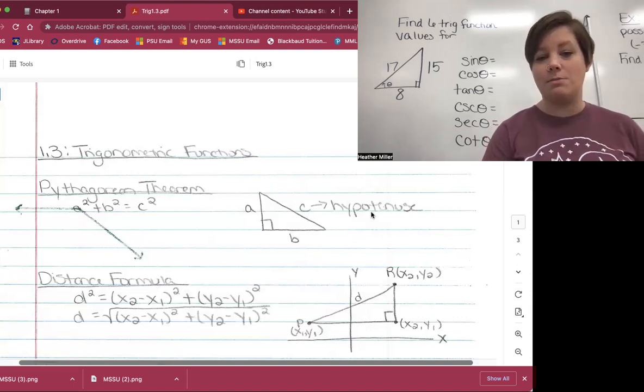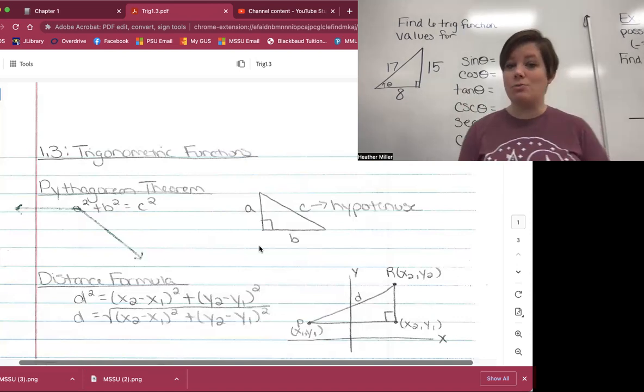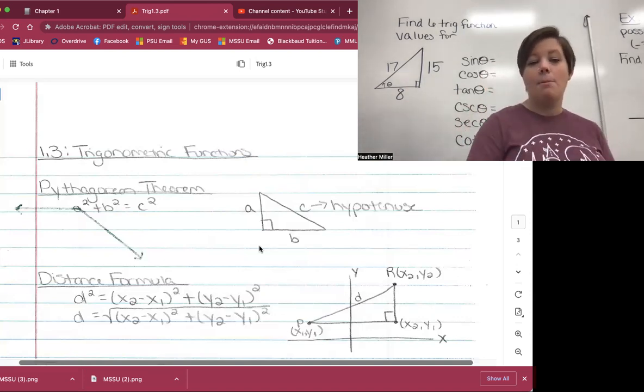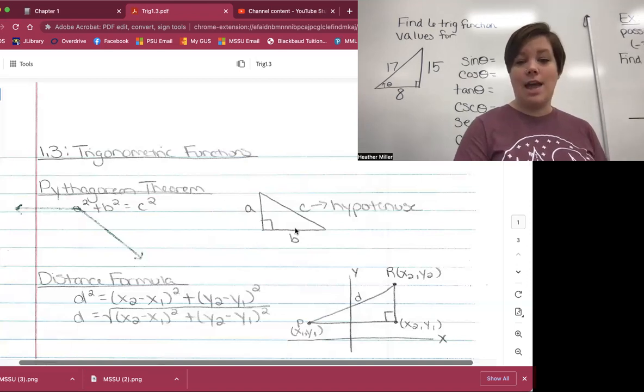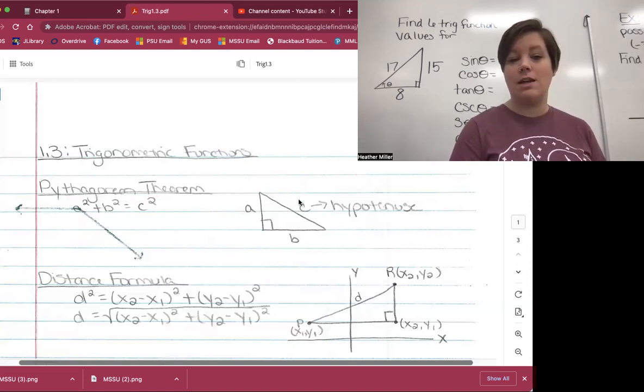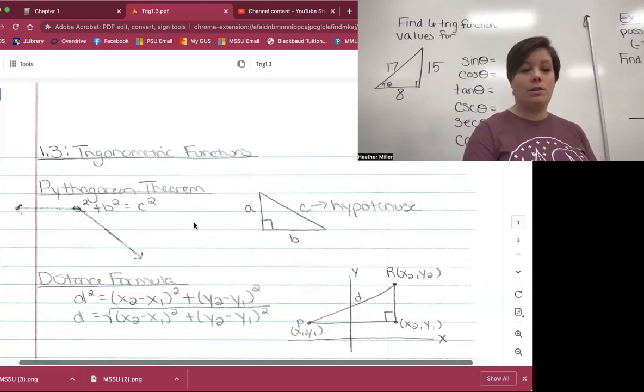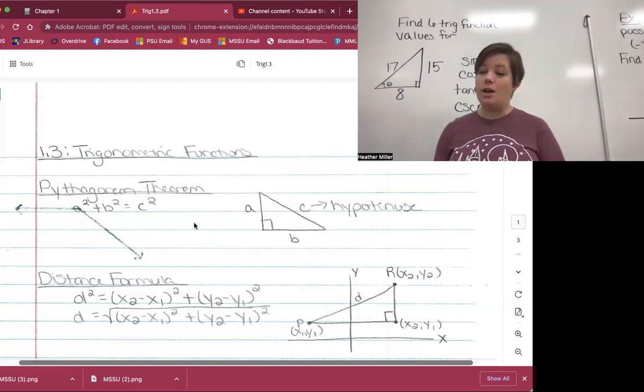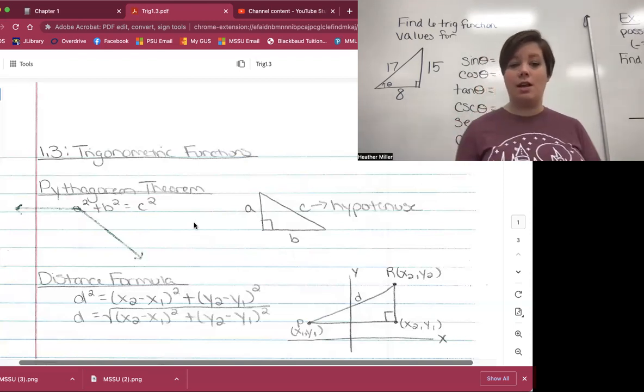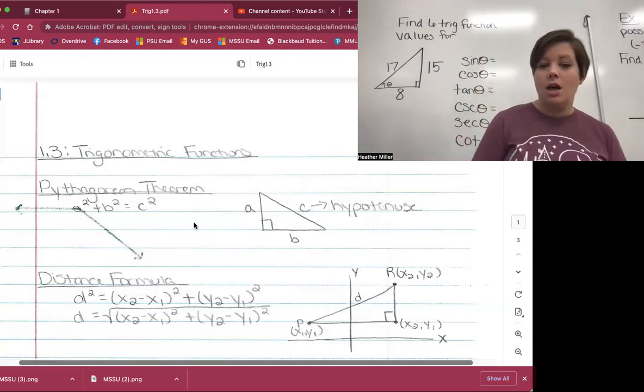So this has to be the hypotenuse over here. The other two sides you could intermix, and it doesn't really matter because you're going to square the values and add them together. If I square the side of A and add to that the square of side B, it's going to equal the squared side of C. And that's a really important theorem that allows us to do a lot with trigonometry and in algebra in general.